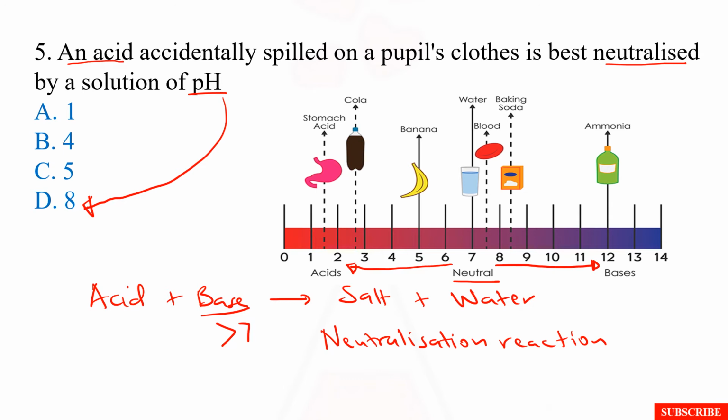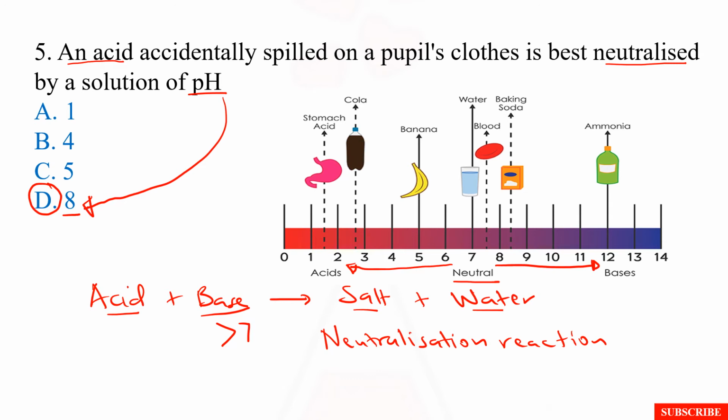So the best answer becomes D, because this solution having a pH of 8 can neutralize the acid to form salt and water, which is neutral. So the answer becomes D.